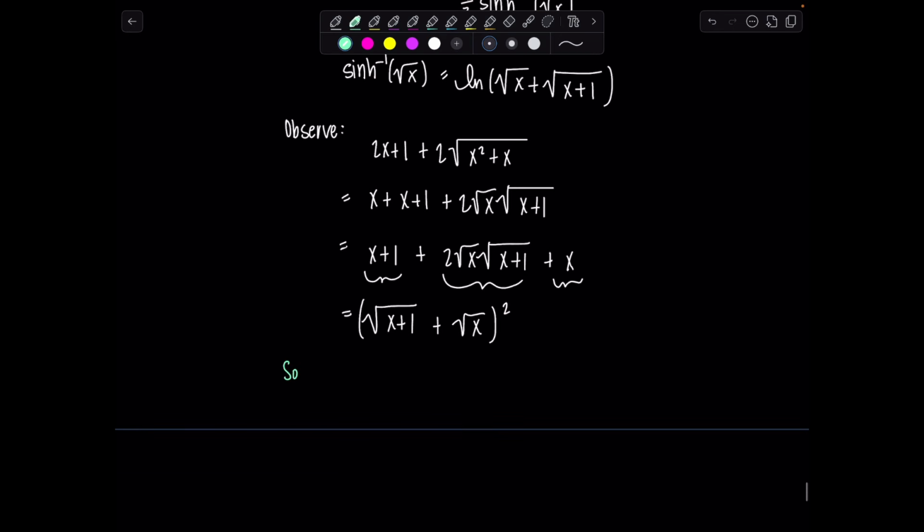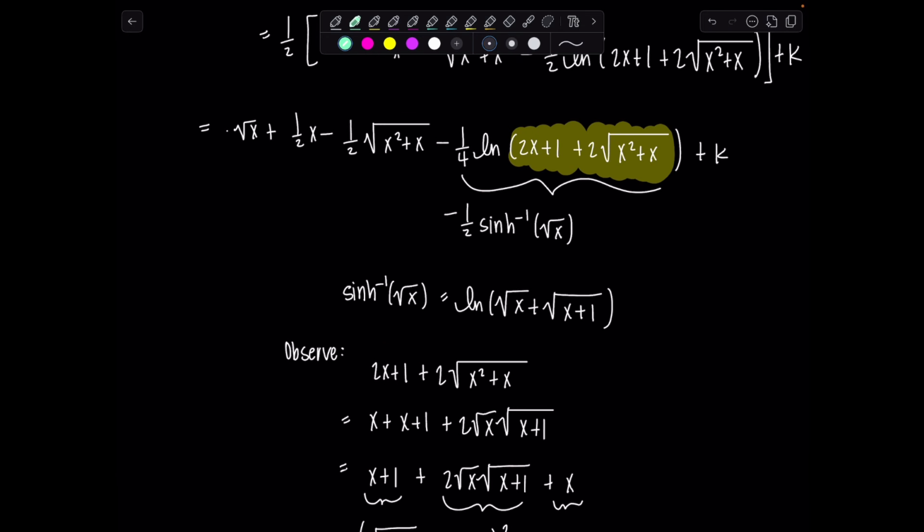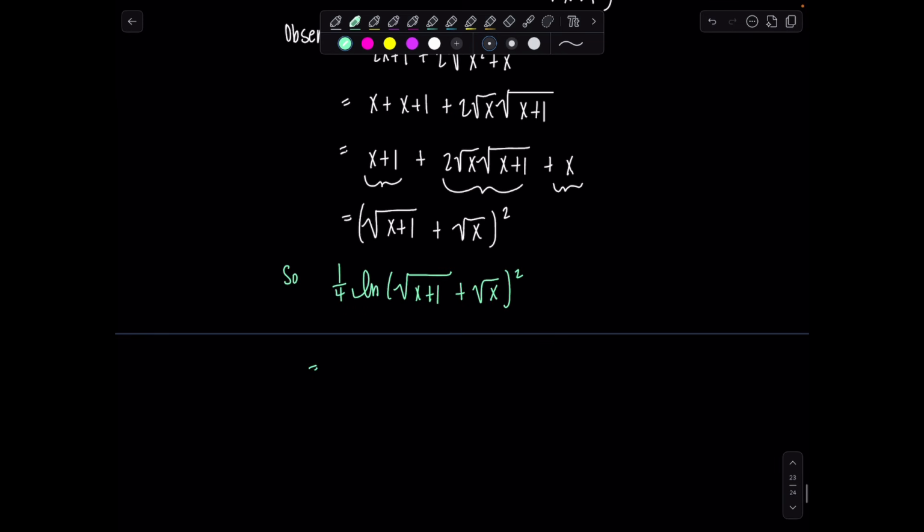So then we can say that the 1/4 natural log of rad x plus 1 plus rad x squared that we had up here, right? That's what all of this is. Good? Okay. Is equal to, bring that 2 down front, 1/2 natural log of square root of x plus 1 plus square root of x. Yay!